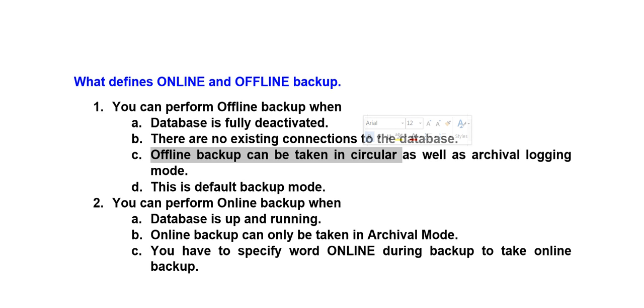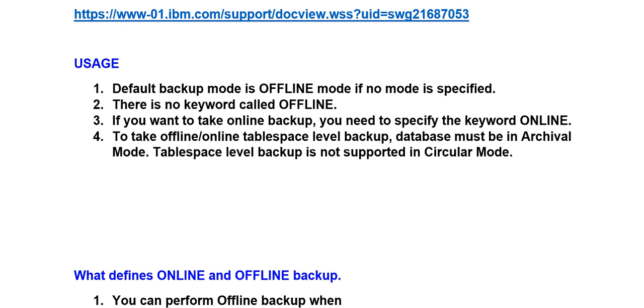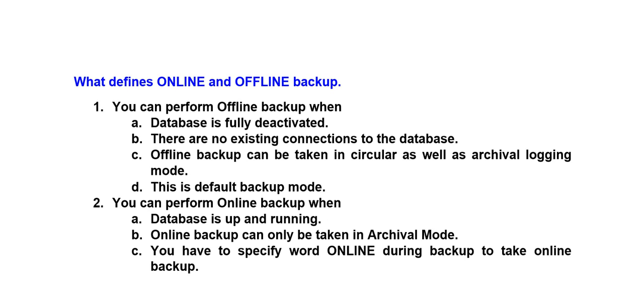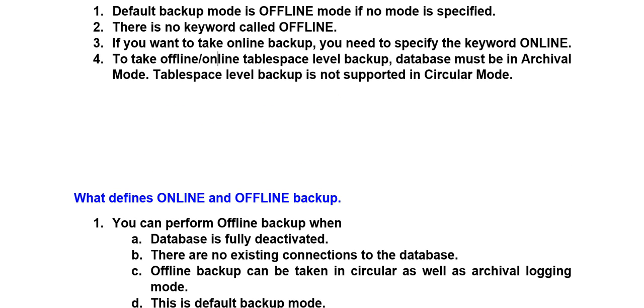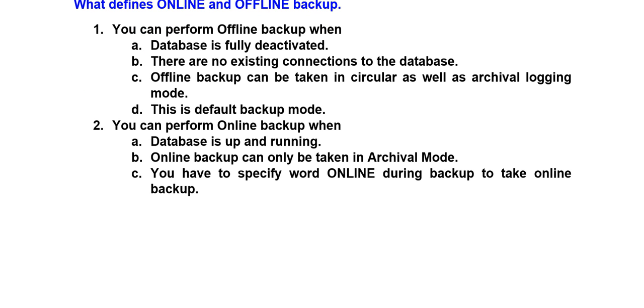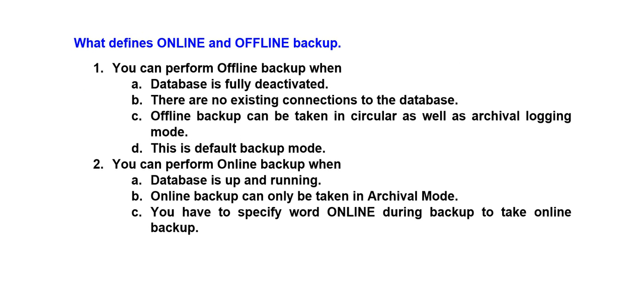Now the point is the tablespace level backup can be offline, it can be online, but it can only be taken in archival mode. So this is not similar to your full database backup. Full database backup can be taken in circular as well as archival, but tablespace level backup can only be performed in archival mode. Now, what does an online backup mean?